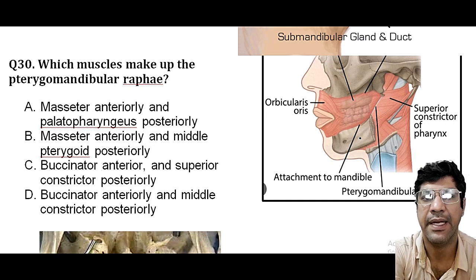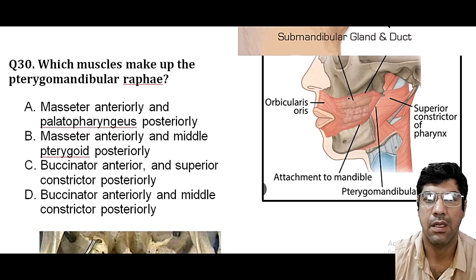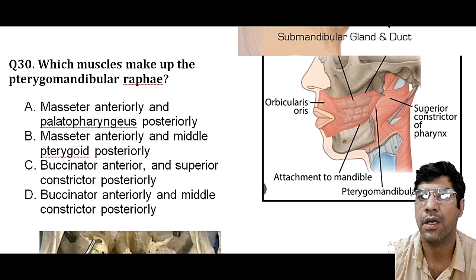Pterygomandibular raphe is made up of tendinous fibers. This raphe would give anterior attachment to fibers of the buccinator muscle, and posteriorly to fibers of the superior constrictor muscle.